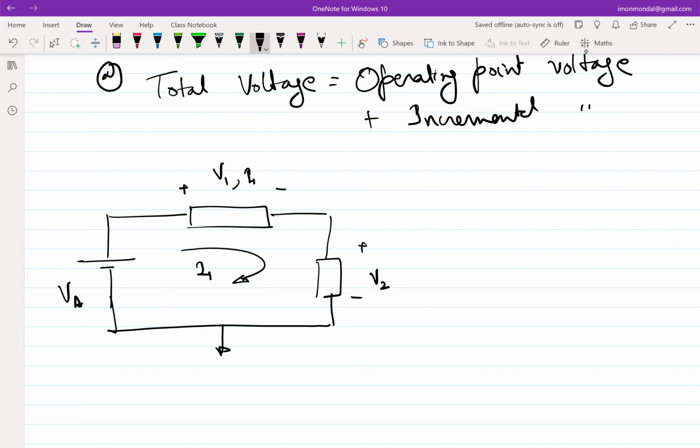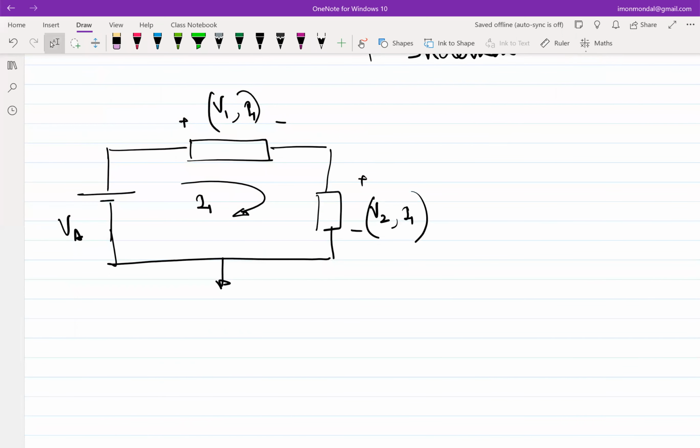So this is V1, I1, this is V2, I2. Note that here VA is equal to V1 plus V2. And since it's a single loop, we don't have to establish a relationship between the currents, because I is the same everywhere. So what I'll do is I'll just apply an incremental delta VA.